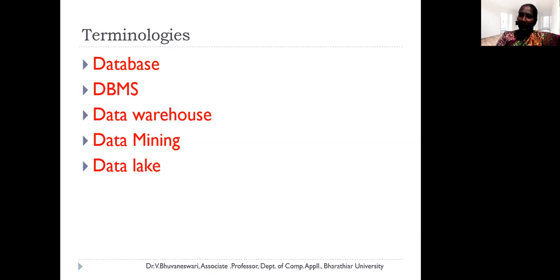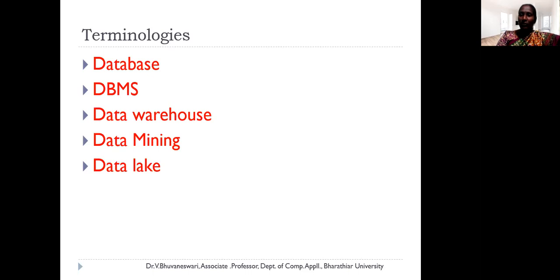DBMS is a database management system, which is software that manages the entire data put into the system. And this DBMS has a variety of components working together to carry out the task. So DBMS is a software, and a database is a collection of interrelated data.